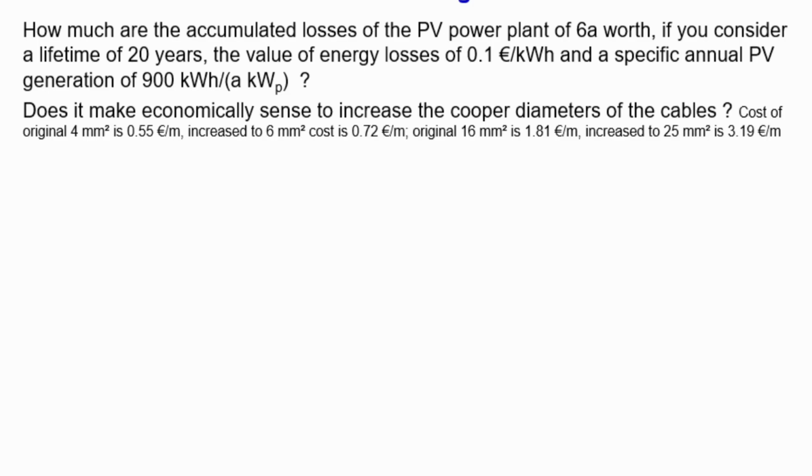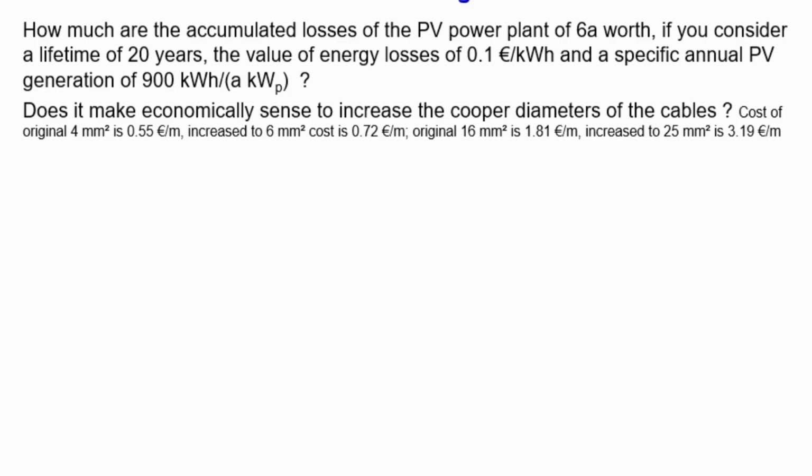If we increase them to a cross-section area of 6 square millimeters, the costs are 0.72 euro per meter. And for the DC mains, 16 square millimeters costs 1.81 euro per meter, and if we increase them to 25 square millimeters, the costs are 3.19 euro per meter.